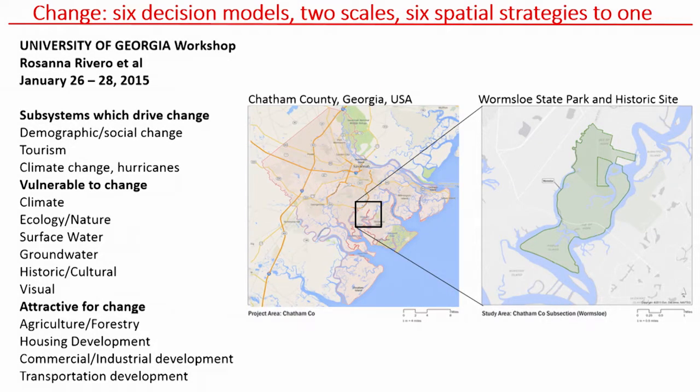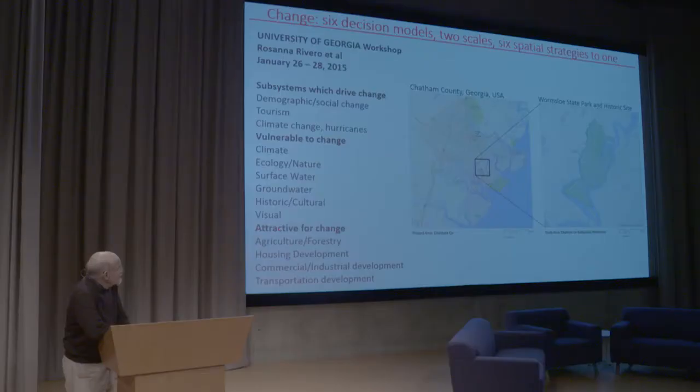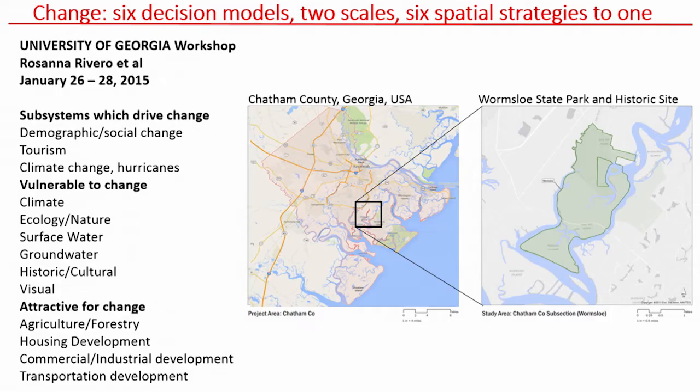And tomorrow, and on Saturday, we go off to Georgia, and with the University of Georgia, with their definitions, their models, and in 3 days, we're going to work at 2 scales simultaneously. The city of Savannah in its county, where they're building a huge container port, and the population, let's say, might double. And in it is a historical state park.